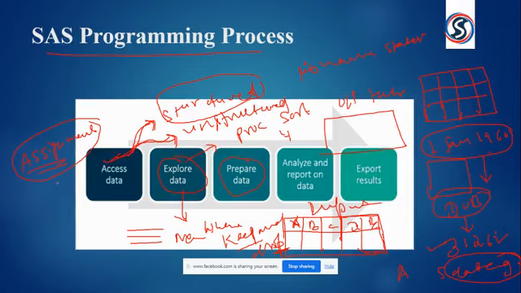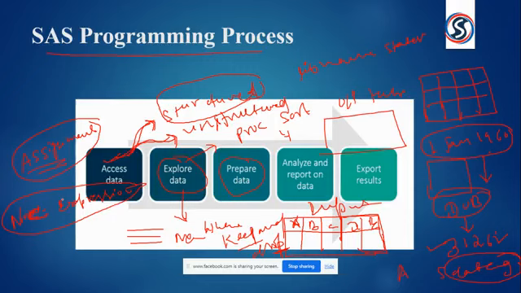And what is the syntax? New column is equal to expression. Like that you can create a new column, or if you want to update your column, you can do it with the help of a function.